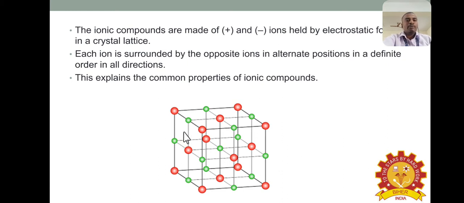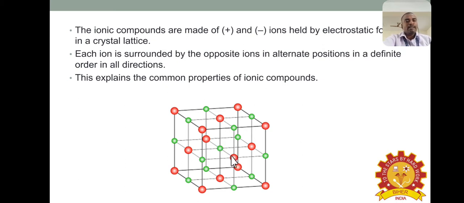So, ionic compounds are made up of positively and negatively charged ions, anions and cations. From this figure, we can find this. Green colored balls are cations, red colored balls are anions.